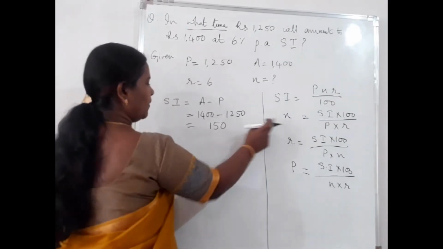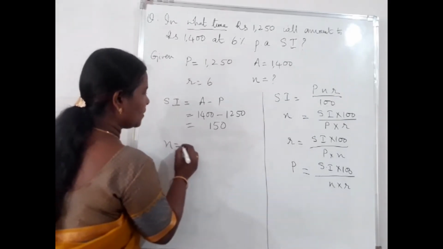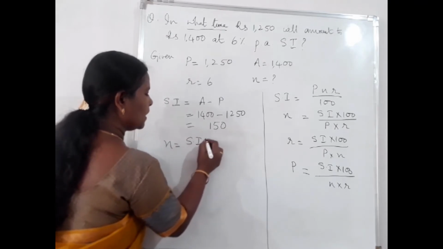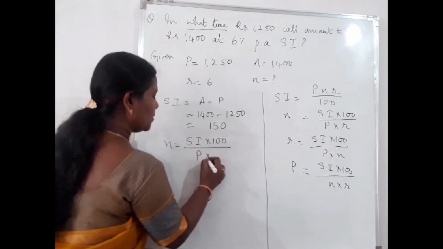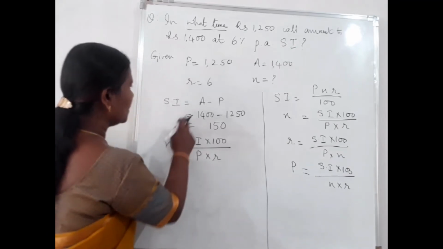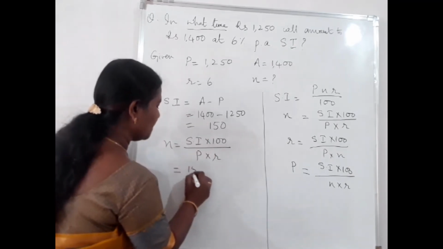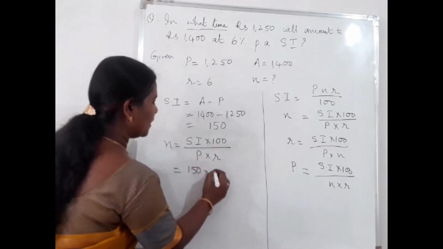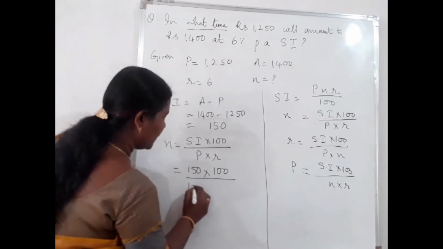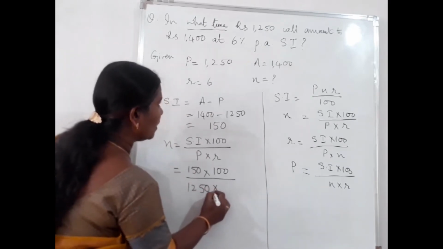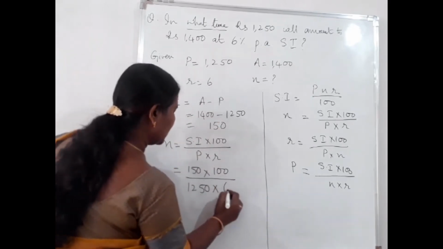Now N is what we are asked to find. N is equal to simple interest into 100 divided by P into R. Simple interest is 150 into 100, divided by principal 1250 into R, which is 6.